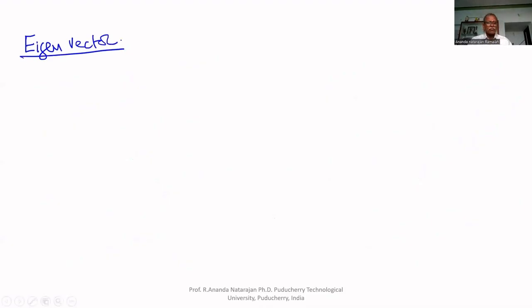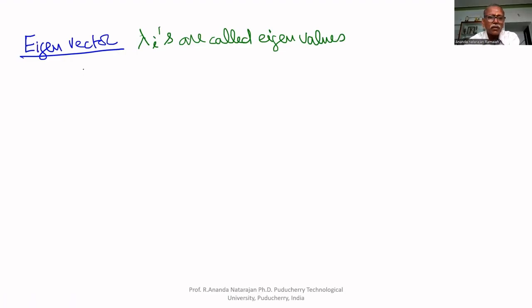Eigenvector. The lambda i's are called eigenvalues. Then it will satisfy lambda I minus A into xi equal to 0.